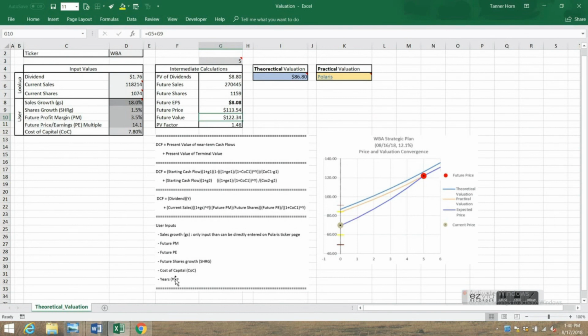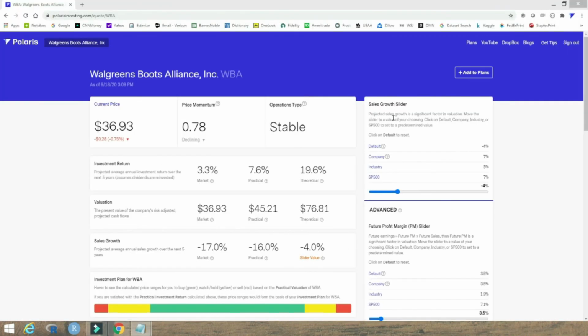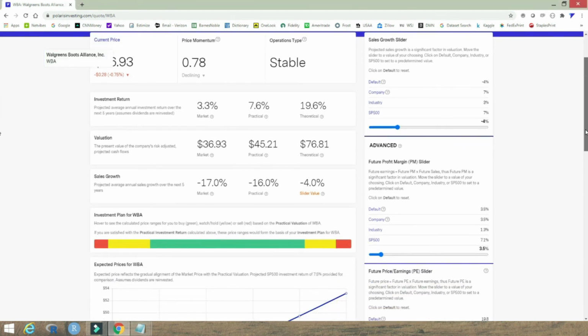And then PE, future shares growth, cost of capital, and then even the number of years you could indirectly change by modifying the sales growth. As already mentioned, since originally recording this video, you can now explicitly enter the future profit margin and future price earnings multiple through the new sliders that have been added.